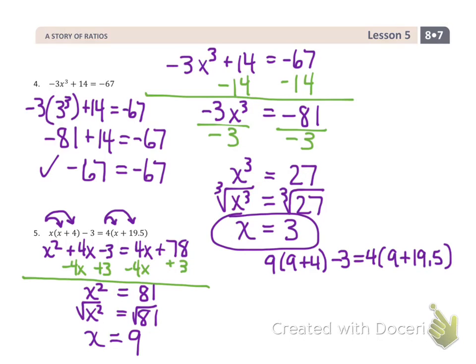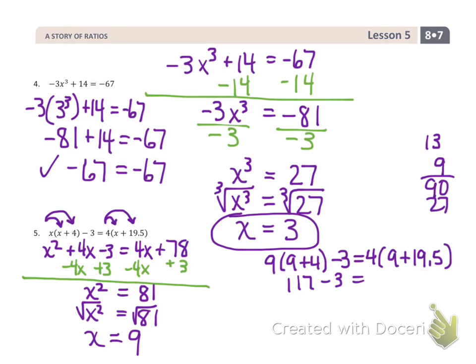So now I have 9 times 13, and that's 90 and 27. So that's 117. Right? Did I do that right? 117, I think so. Minus 3.